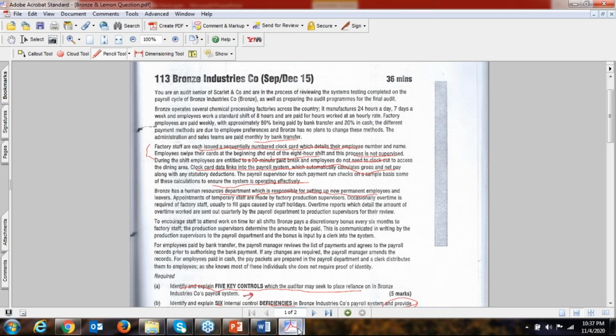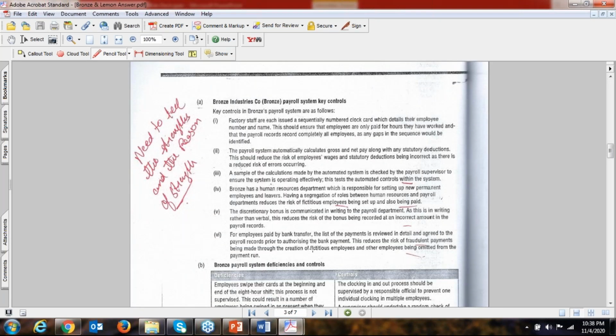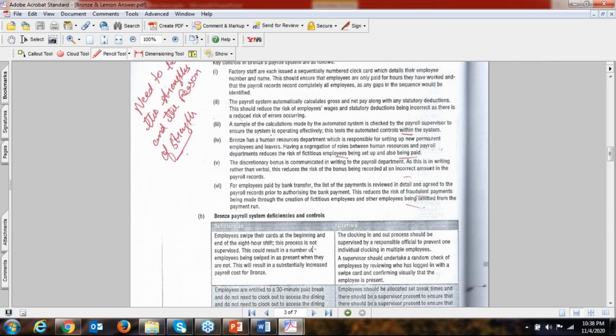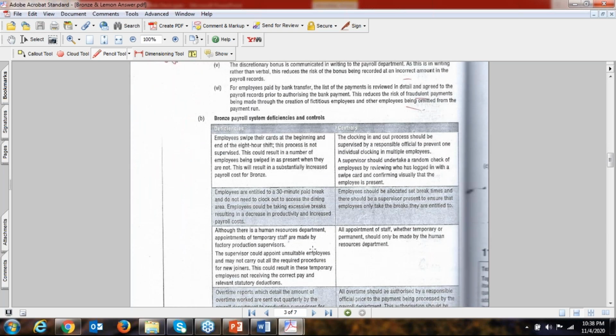So if we come to the answer, the A requirement, I think we have done it. You don't need to read it in the class. Now, the B requirement, here I'm going to clarify. Employees swipe their cards at the beginning and end of the 8-hour shift. This process is not supervised.